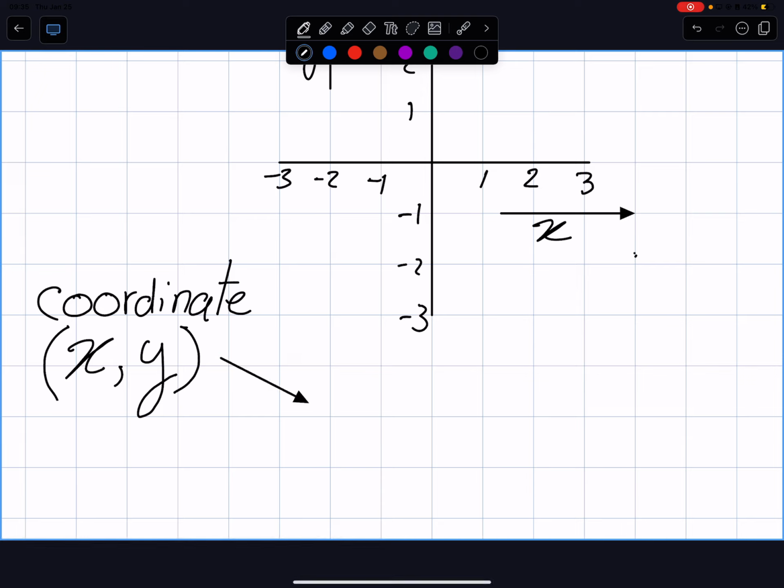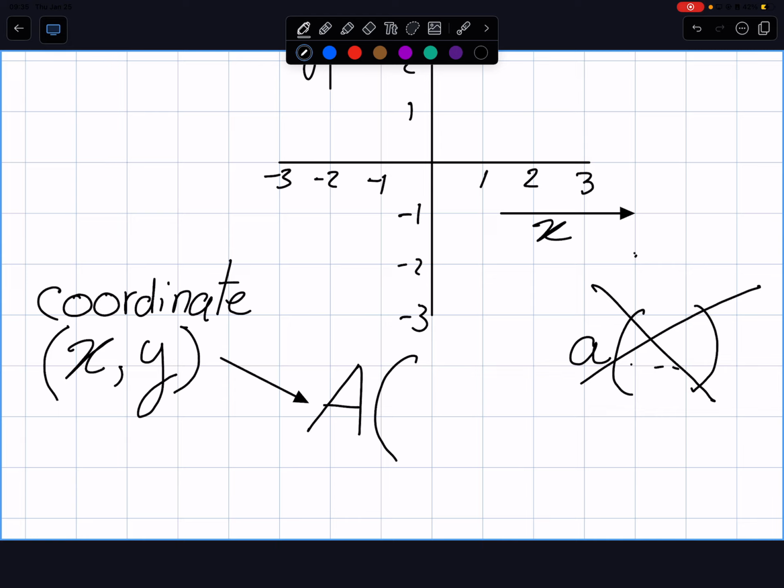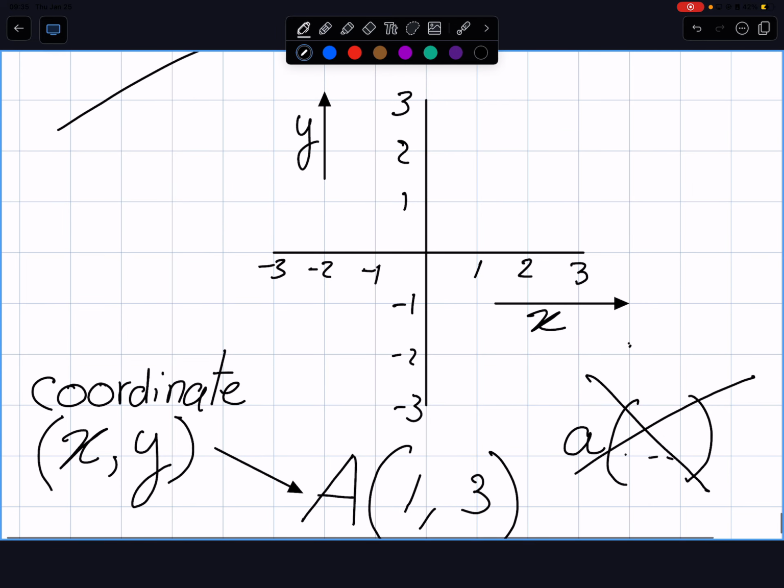So, if I tell you I have a coordinate A. Coordinates are always given with a capital letter, not lowercase. So this is wrong. It's always a capital letter. A is (1, 3). Place a dot where the coordinate A is found.